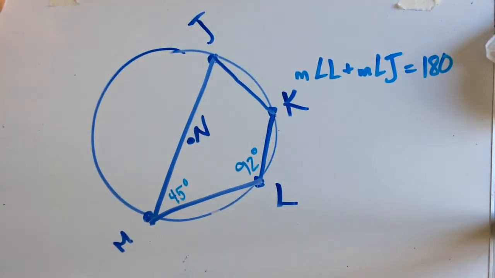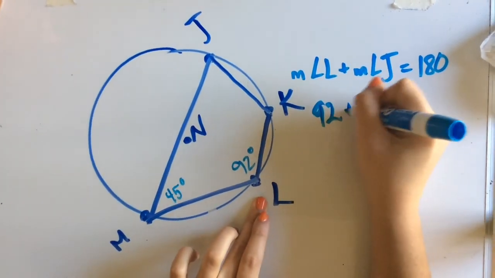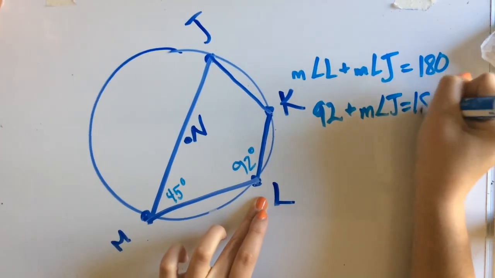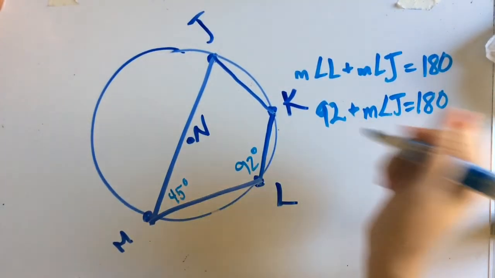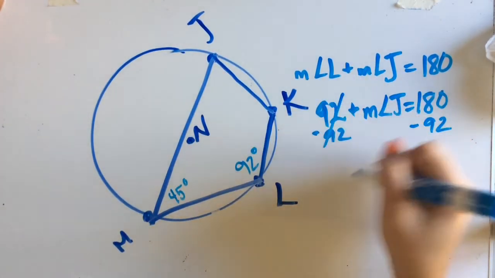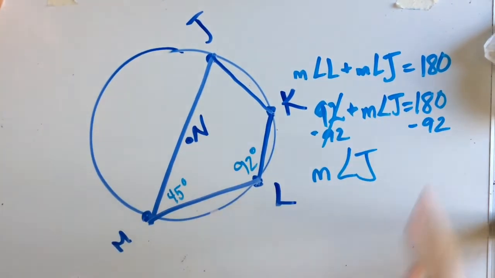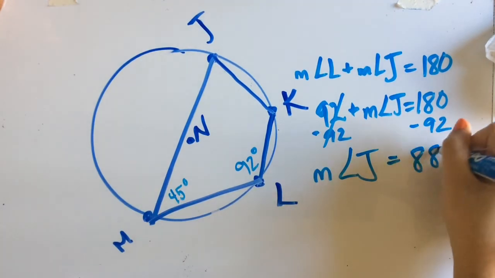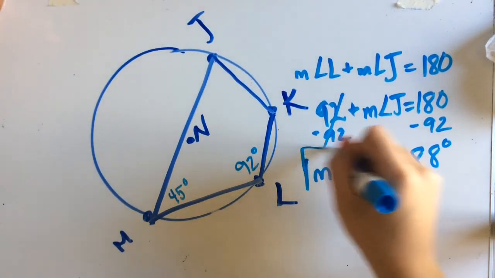So I'm going to go ahead and plug what I know in. I know that angle L is 92 degrees. So 92 plus the measure of angle J is equal to 180. So I want to solve for the measure of angle J. So I'm just going to subtract 92 from both sides. And I know that the measure of angle J is equal to 180 minus 92, which is 88 degrees. So now I figured out that this angle is 88 degrees.